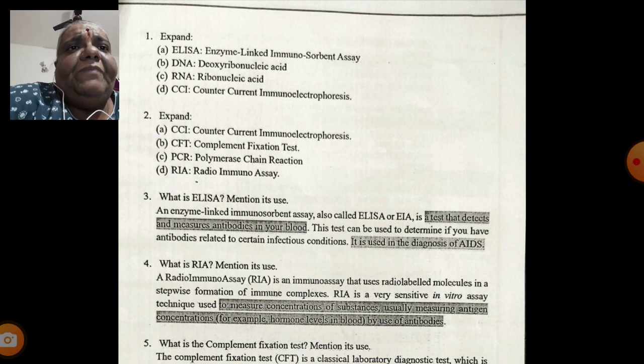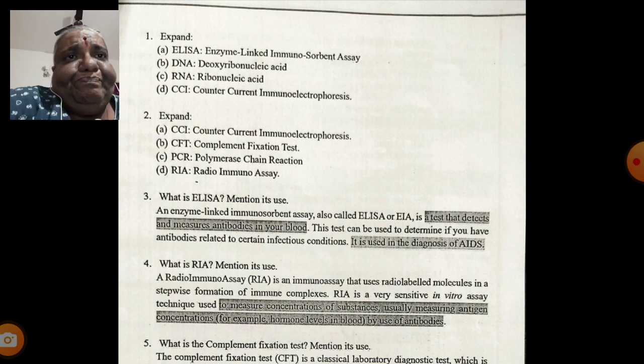Your answer will be enzyme linked immunosorbent assay. If you want to be very clear, underline the alphabets E, L, I, S and A, telling the person who corrects the paper how this epithet has been formed. The answer will be more convincing and it will be appreciated.